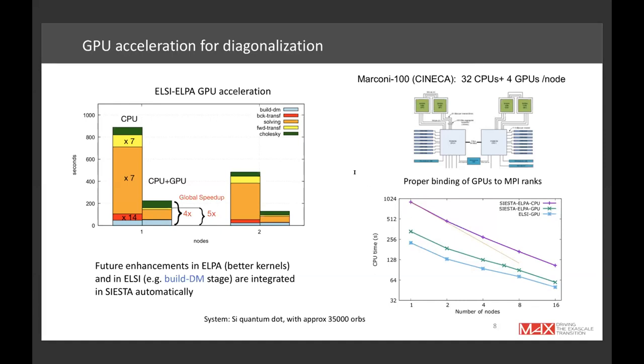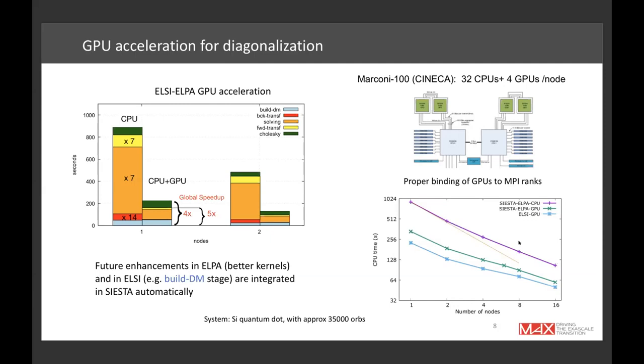Looking at the scalability, that is, how well the code performs when you increase the number of nodes for a given problem. This is a picture corresponding to a benchmark for a silicon quantum dot with approximately 35,000 orbitals. Here is the reference diagonalization using only CPUs. Actually, this uses the direct ELPA interface in Siesta.